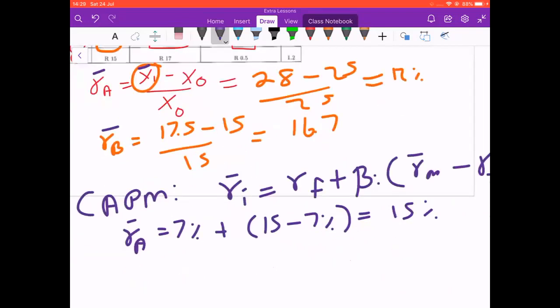So you can see that there is a difference from our expected return to our CAPM return. This simply means that A is overpriced.